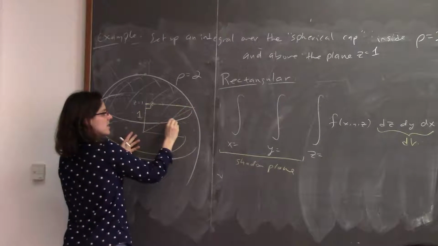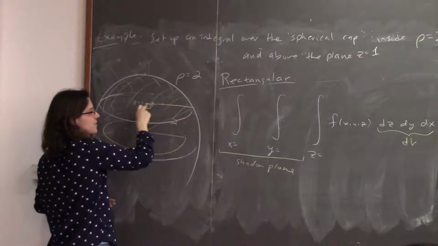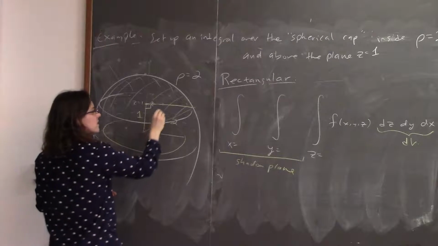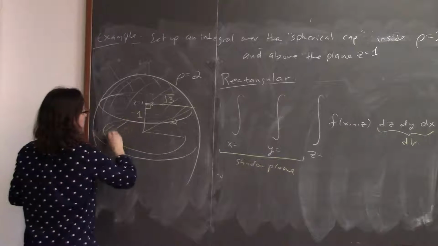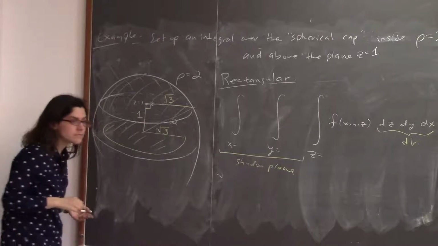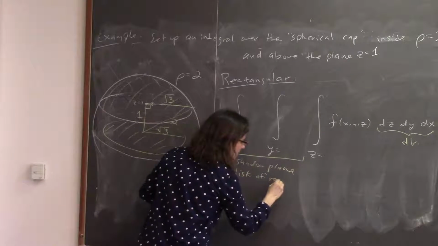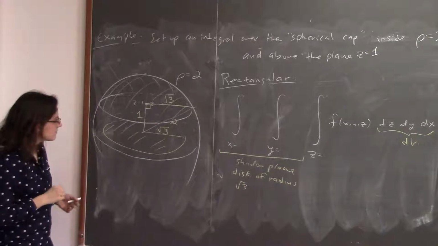The hypotenuse is 2, because the sphere has a radius of 2. So now we can figure out the third side. You can use the Pythagorean Theorem, where you can see that it's a 30, 60, 90 triangle. See, the radius is square root of 3. So this shadow plane disk down here has a radius of square root of 3. So the shadow plane is a disk of radius square root of 3, centered at the origin.